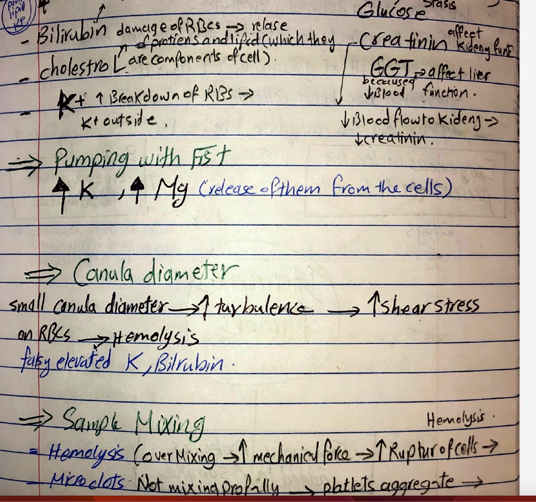After hemolysis, it means increasing potassium and bilirubin, leading to falsely elevated potassium or bilirubin. If we measure the bilirubin or the potassium in this sample, taken by bad sampling technique, that leads to falsely elevated bilirubin or potassium level.